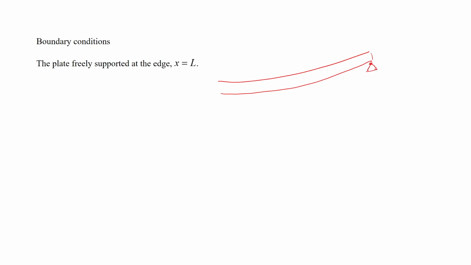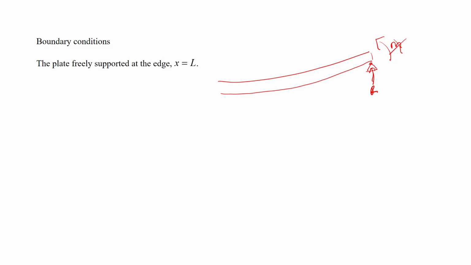Freely supported means that this support is only applying the vertical resistance here, a vertical load. There is no torque applied over here when it is freely supported. If it is clamped over here, then both vertical load and the torque get applied.